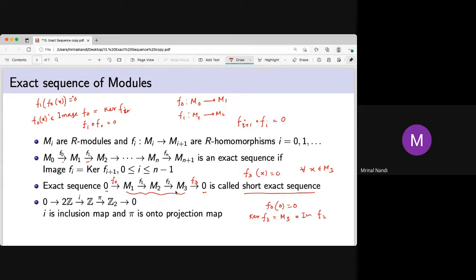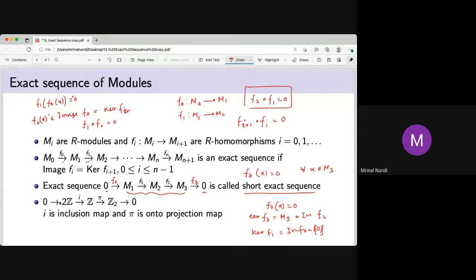That means f2 is an onto map and f1 is injective, because the kernel of f1 is just the image of f0, which is 0, the set containing only the 0 element. So if it is a short exact sequence, then f1 is injective and f2 is surjective. And obviously f2 composed with f1 is 0. That is also important.